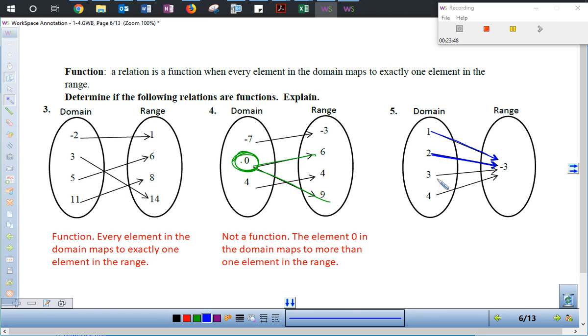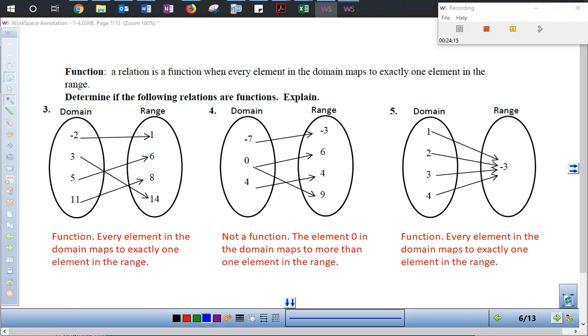So we're still okay. 3 is mapped onto exactly one element in the range. And 4 is mapped onto exactly one element in the range. So number 5 is a function because every element in the domain is mapped to exactly one element in the range. Yes, it is the same element in the range, but that's okay. What's not okay is if you have one domain mapped to more than one element in the range.